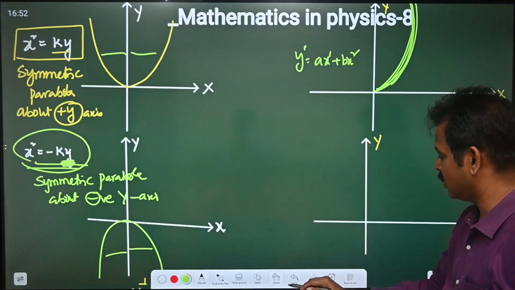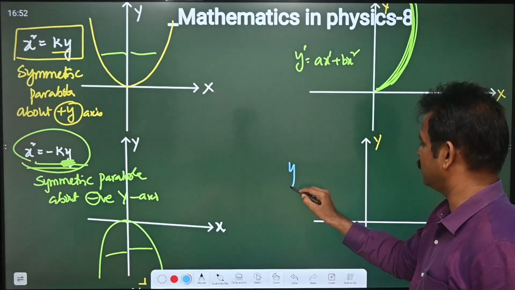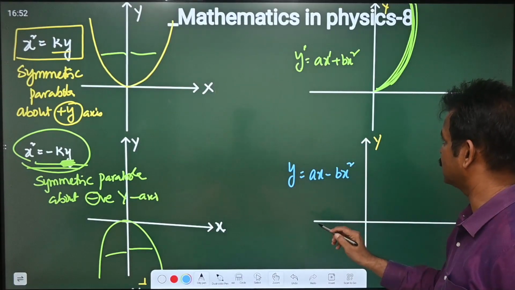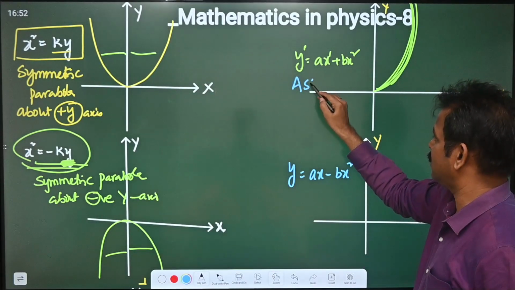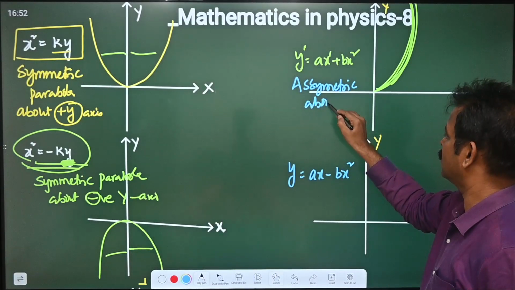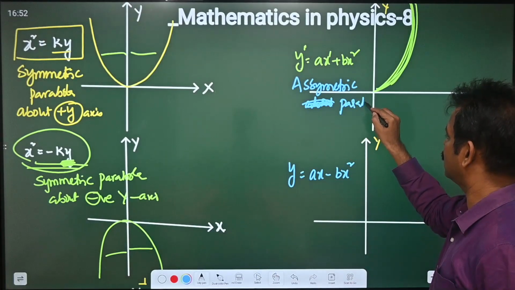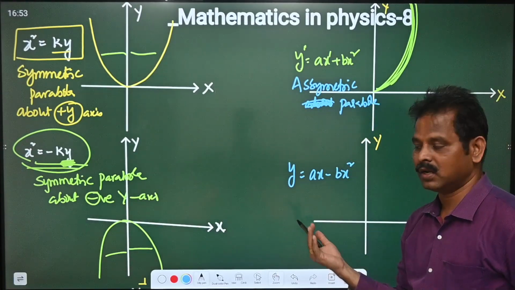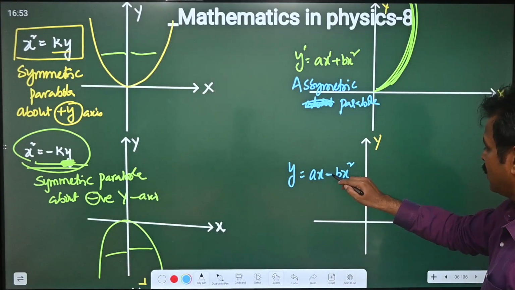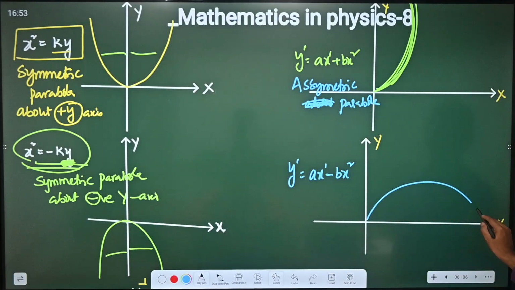Similarly, this one is most important, and we are going to use this many times in first PUC itself: y is equal to ax minus bx square. This is an asymmetric parabola, not symmetric. When we get negative here, with powers 1 and 2, you will get a curve like this.